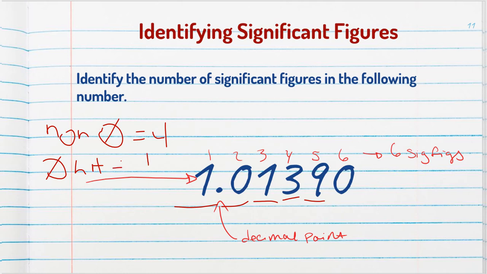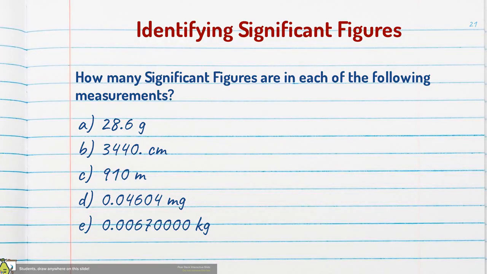Yes. So any zero after my last non-zero number is significant. I can add them all together or count all my underlines, and I have 6 sig figs. So I'm going to give you another couple of seconds to answer this problem. I want to know how many significant figures are in each one of these numbers.